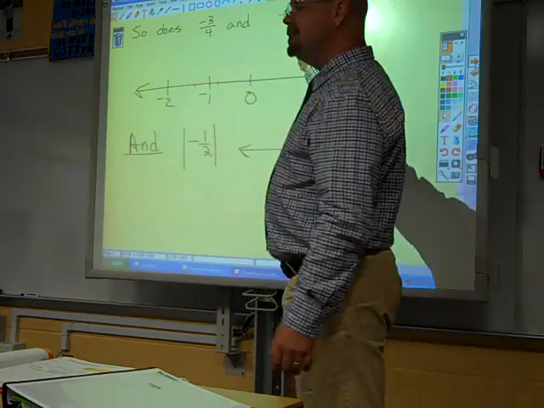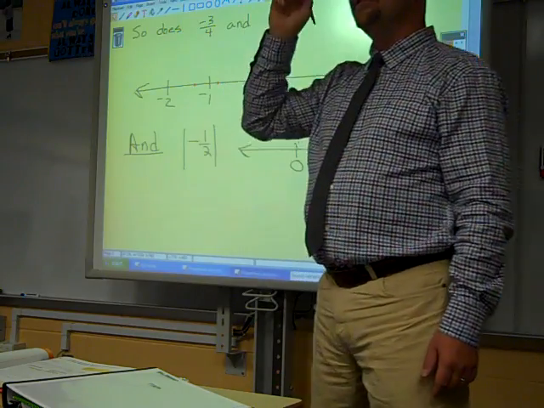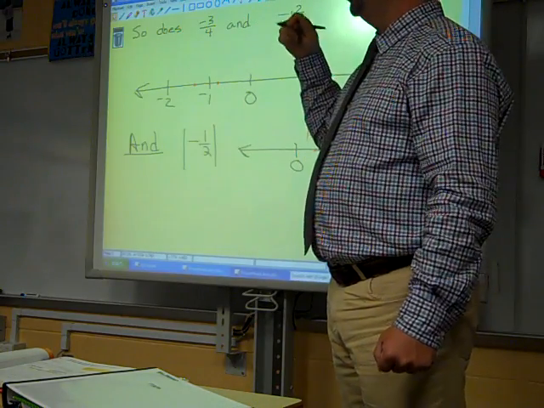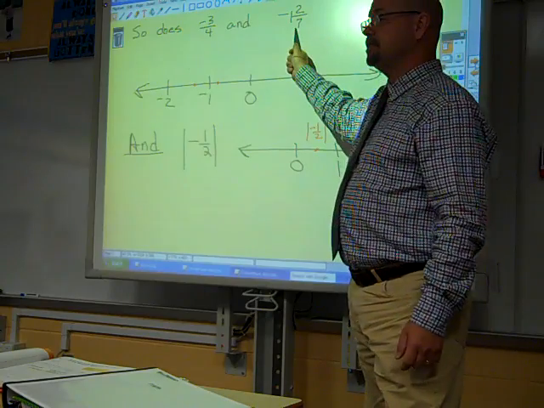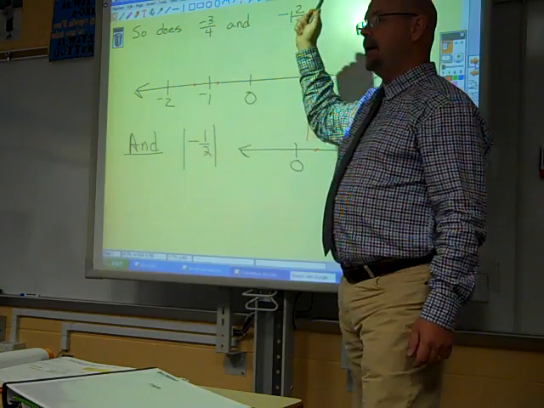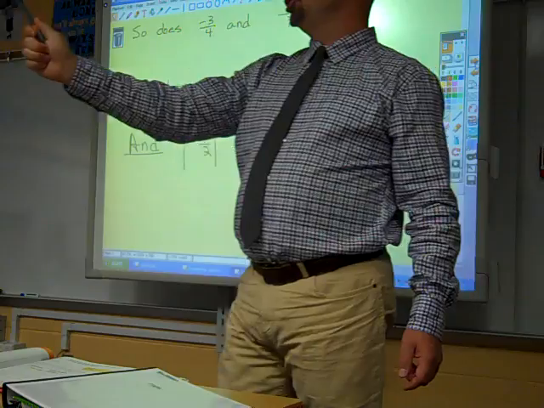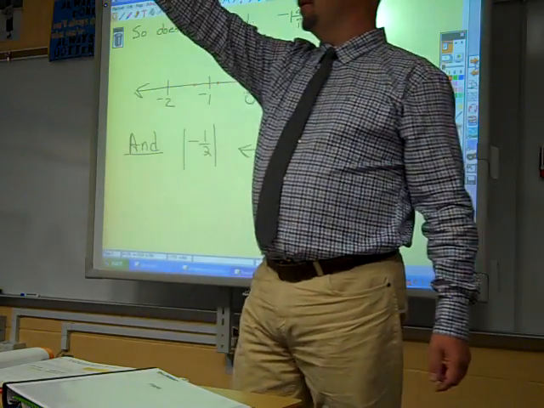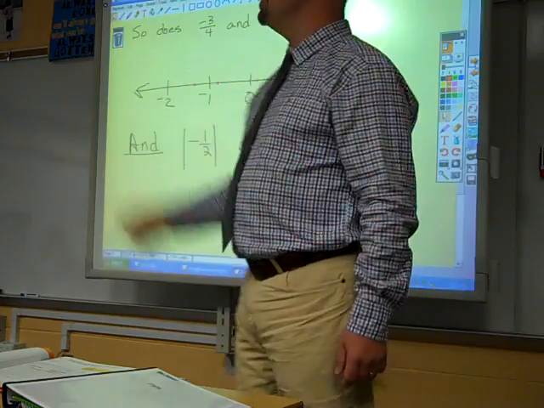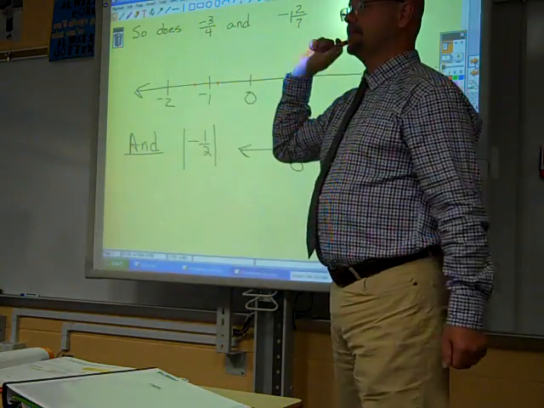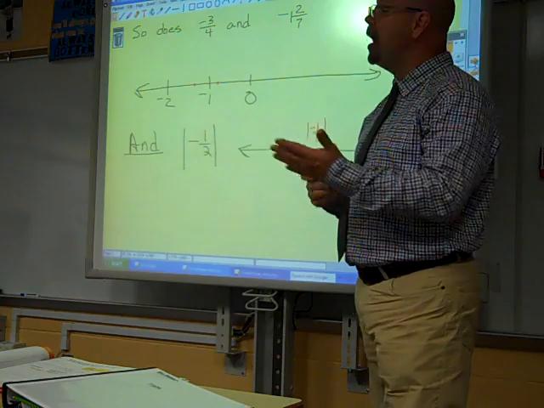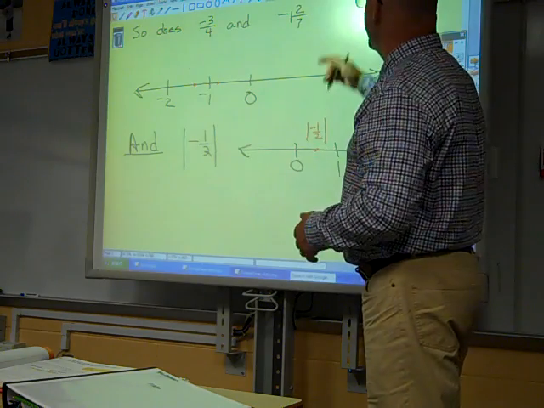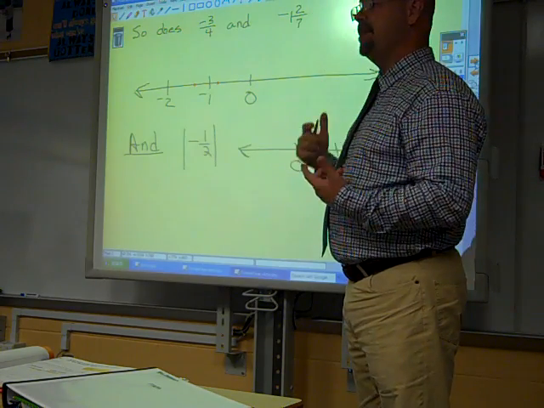And then -1 and 2/7. Be careful though, because this is not a proper fraction. What would we call this type of fraction? Christian, what do you call that type of fraction? Improper fraction. It's not an improper fraction. Improper is when the numerator is bigger than the denominator.